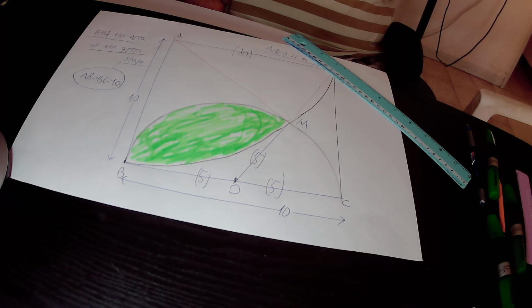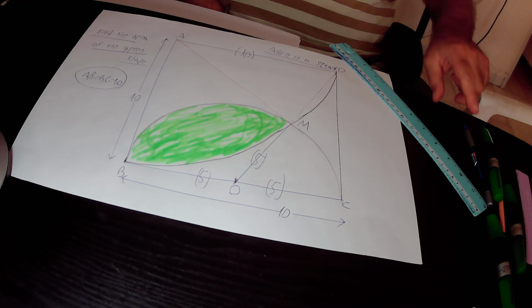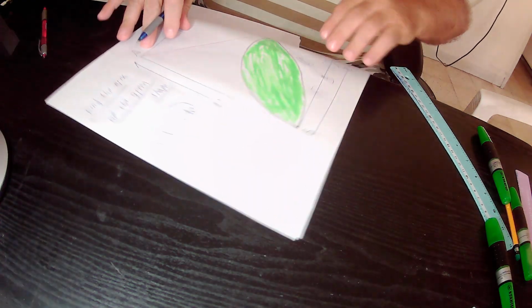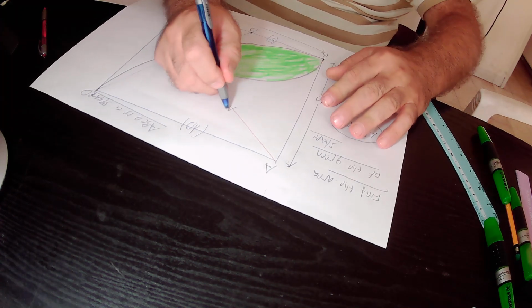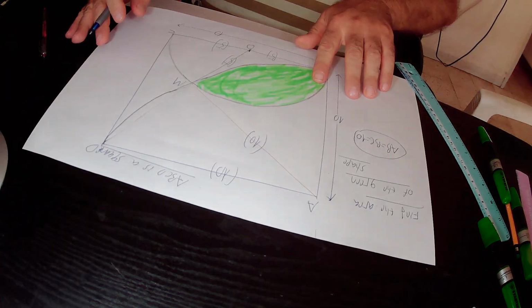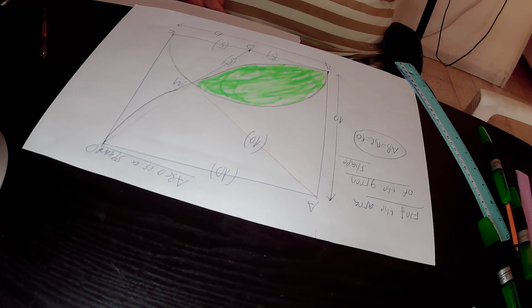Point A is the center of the quarter circle, point M is a point on the quarter circle itself, therefore AM is the radius of the quarter circle, equal to 10. AM is a tangent to this semicircle at point M. So AM is a tangent.